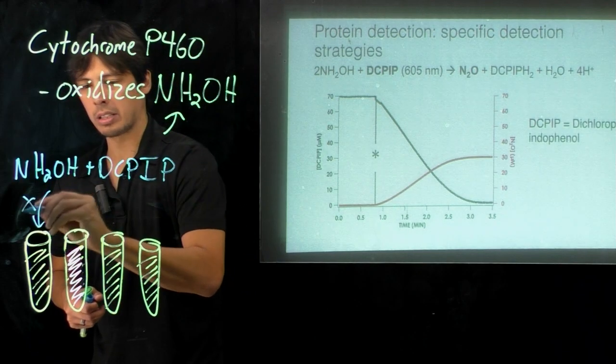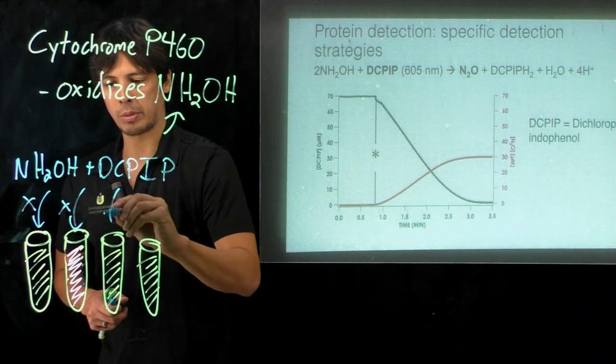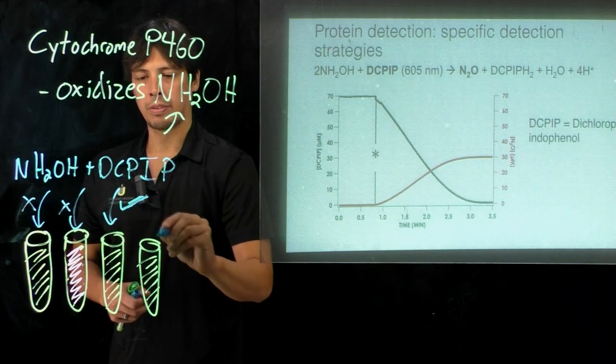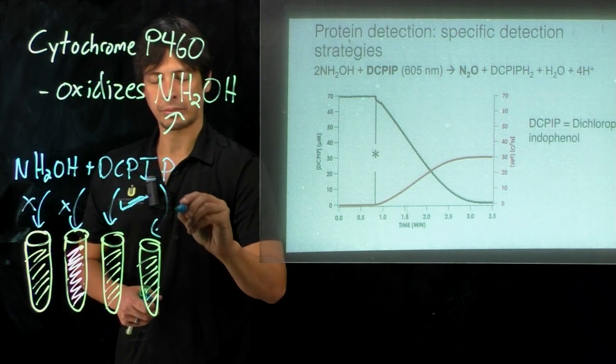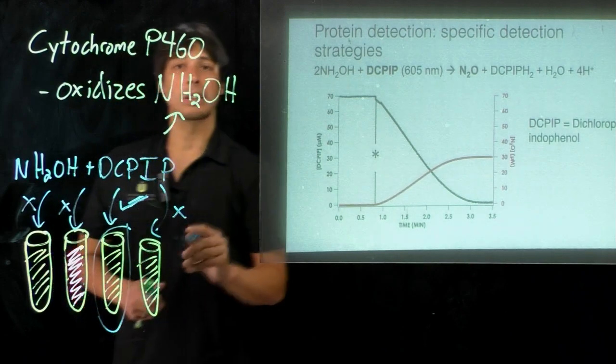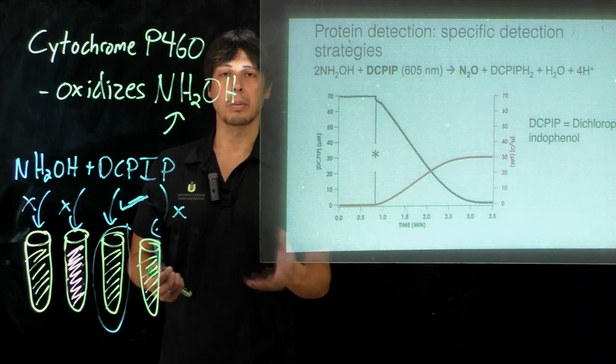So maybe this one doesn't, this one doesn't, this one, but this one does. And then this one does not. And so that tells us that this is the fraction that we want to keep out of all the proteins that we separated from each other.